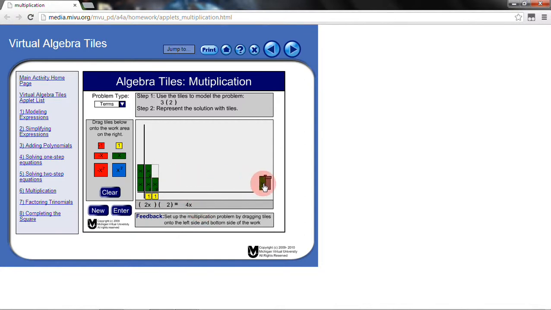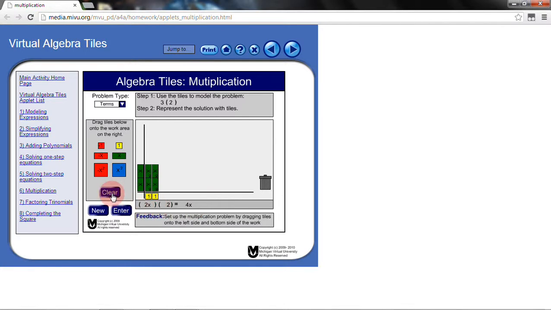If I was to take away one of these x's, it would equal 3x, and as you see, the equal sign changes to does not equal. But when you get it correct, it changes to equals. So it shows you that yes, you did the problem correctly. So that's a monomial by a monomial.